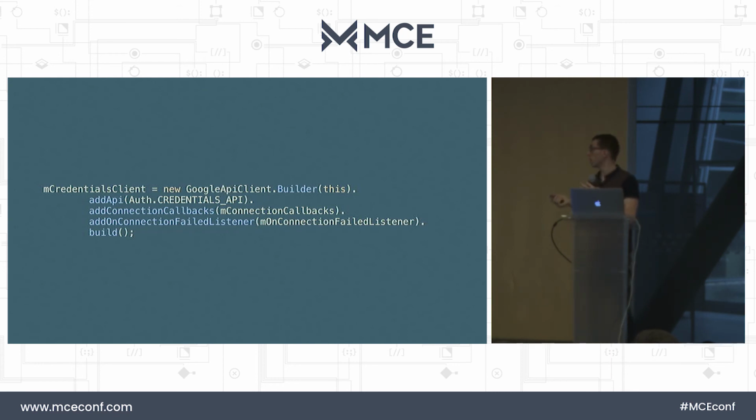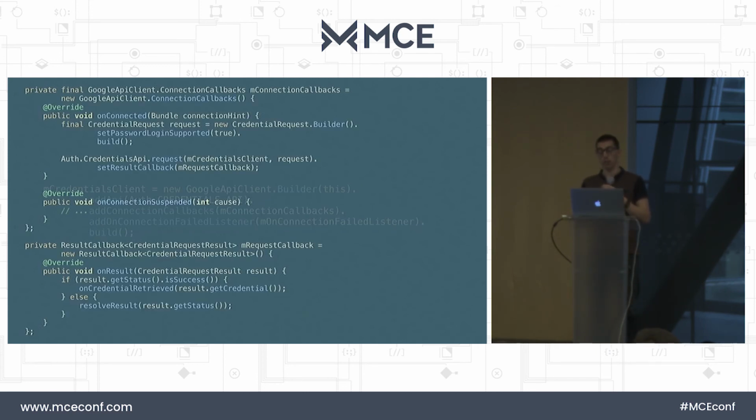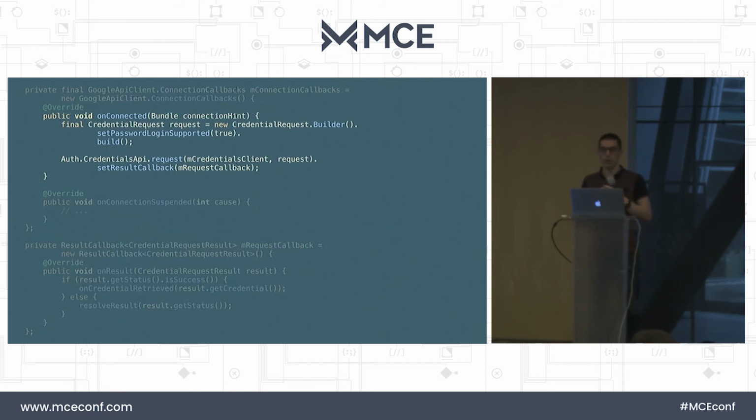Here we have the API. If you're an Android developer, you already know about the connection callbacks and connection failed listener. We will be called in the onConnected callback. So once we've connected to Google Play services, we can request some credentials.